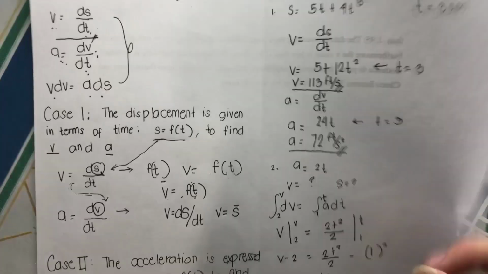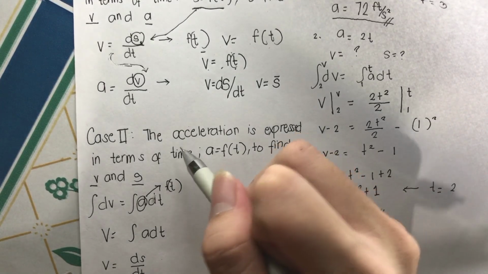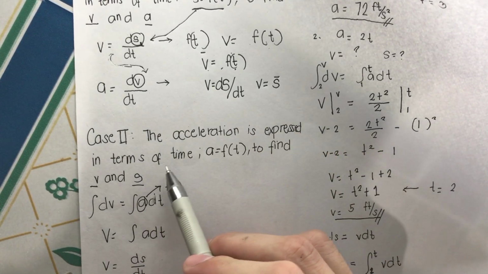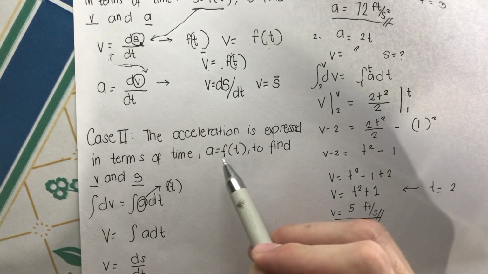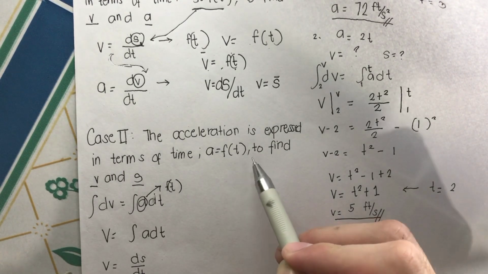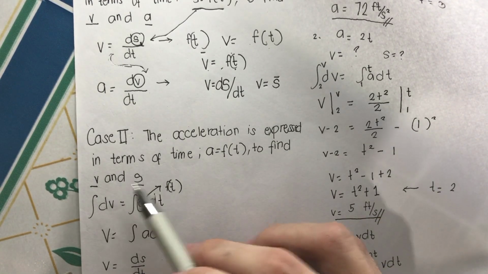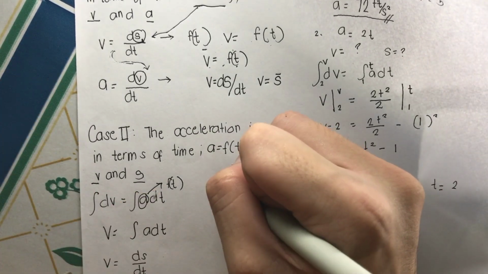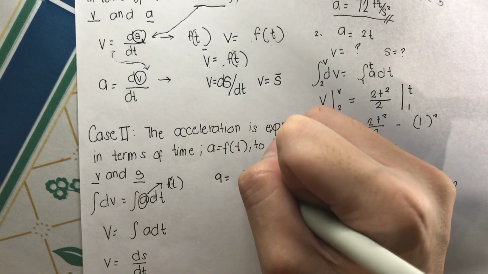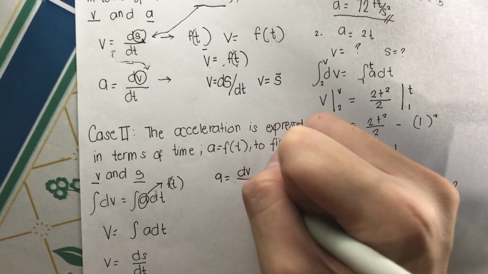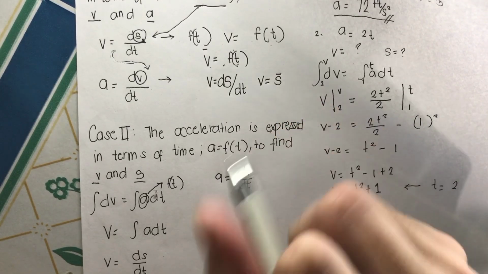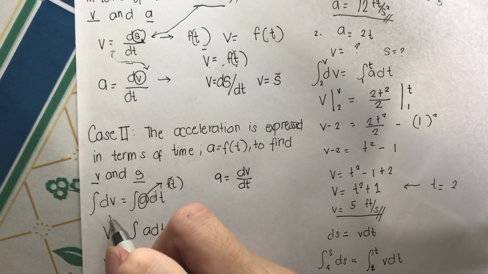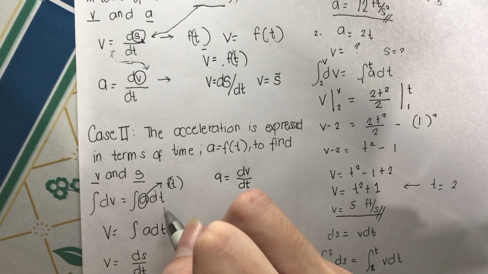And case number 2. The acceleration is expressed in terms of time. A equals a function of time. To find velocity and displacement, we are going to use this formula. A equals the derivative of velocity with respect to time, and cross multiplying, we get dv equals a dt.